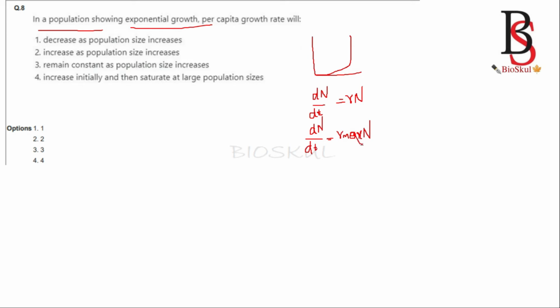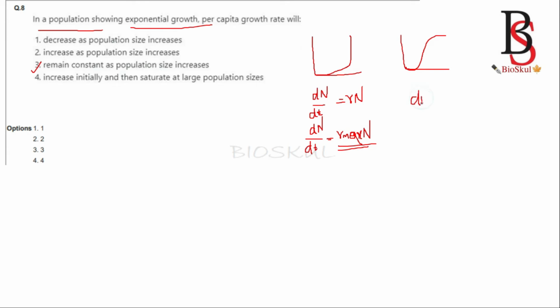So if the population is showing exponential growth, then the per capita growth rate remains constant. Okay, so the correct option will be option 3, remains constant as the population size increases. If it is the logistic growth curve, then it will form an S-shaped growth curve. In the S-shaped growth curve, what will happen? If the population size increases, then the per capita growth rate will decrease.